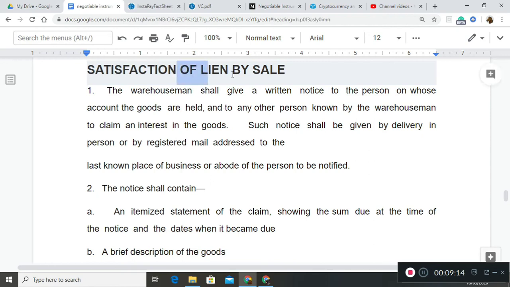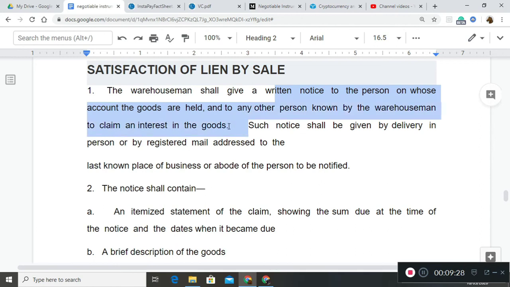So our warehouseman can satisfy his lien by sale upon giving written notice to the person on whose account the goods are held, and any other person who has a claim or interest on the goods.